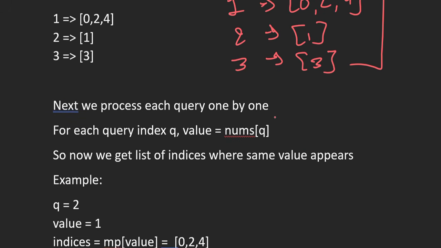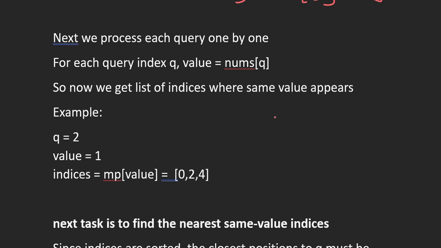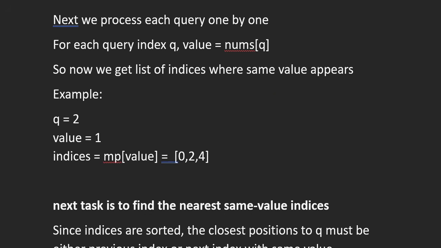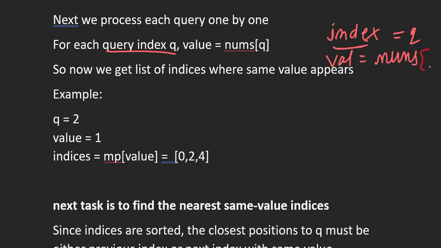Next, after storing all the indexes, we'll process each query one by one. We'll take the index from the query array and then find the value stored at that index. Suppose the index is q, then the value is nums of q, right?